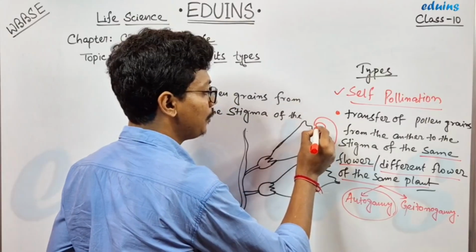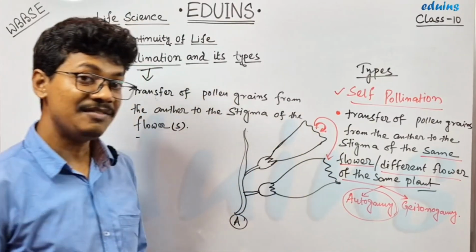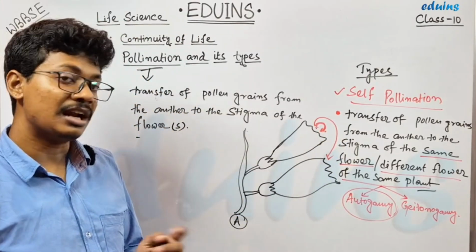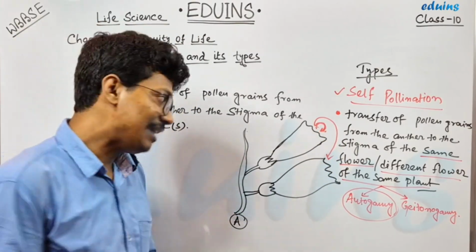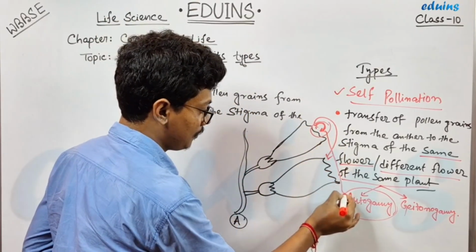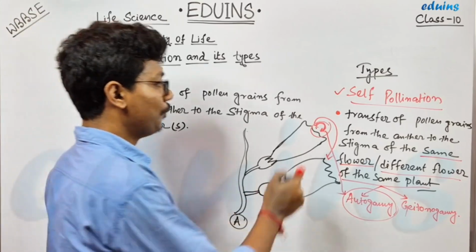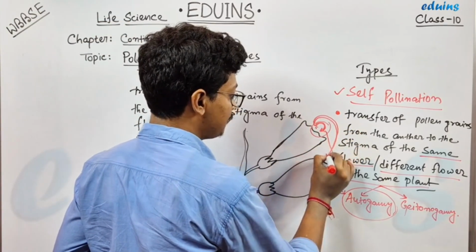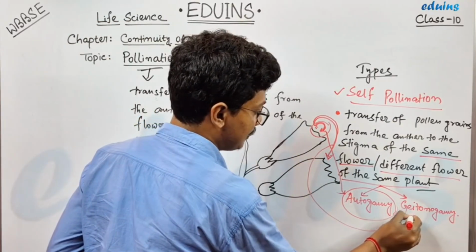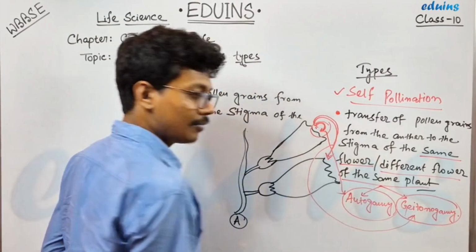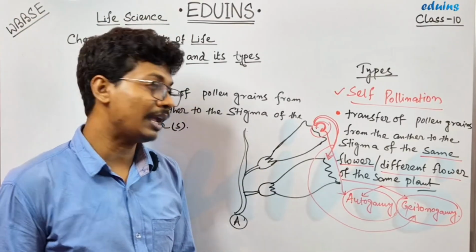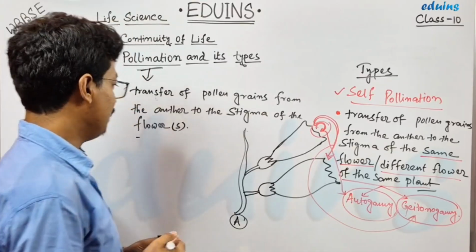When the transfer of pollen grains occurs within the same flower, from the anther of a flower to the stigma of the same flower, this is called autogamy. But when the pollen grains are transferred to a different flower of the same plant, this is known as geitonogamy. This is about self-pollination.